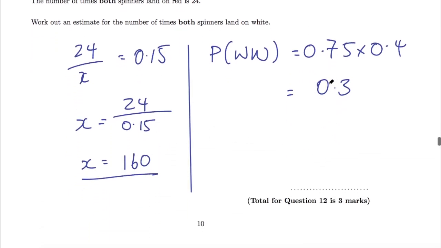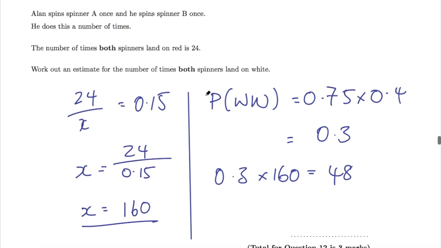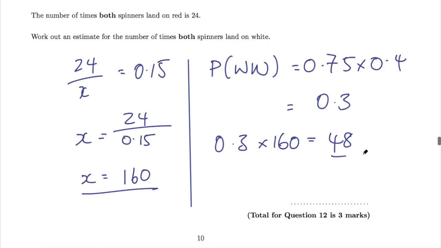Then we can simply multiply that by the number of times he spun it to get an estimate of the number of times it lands on white. So we can say 0.3 times 160. Calculate that, and that gives you 48. So an estimate for the number of times it lands on white is 48.